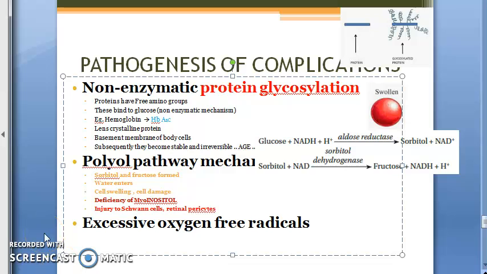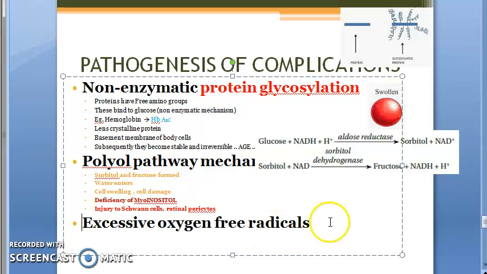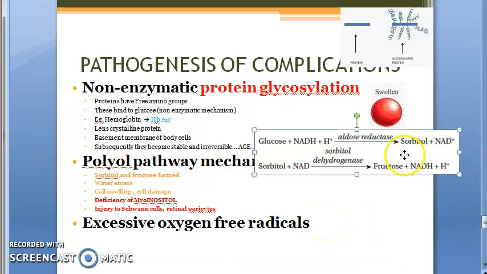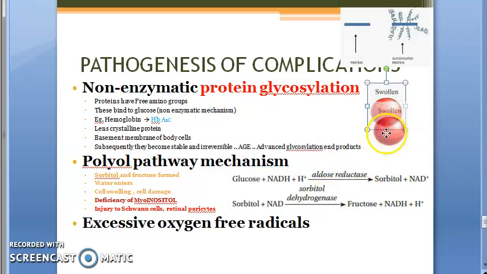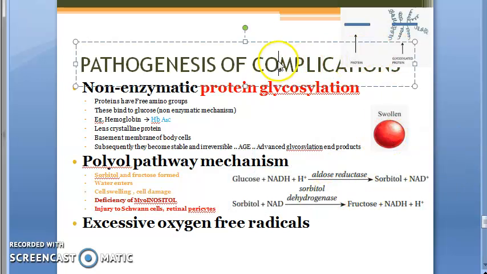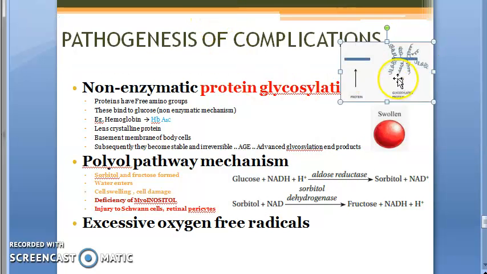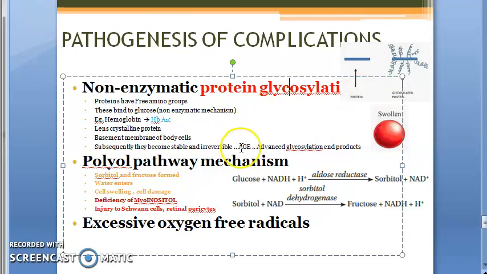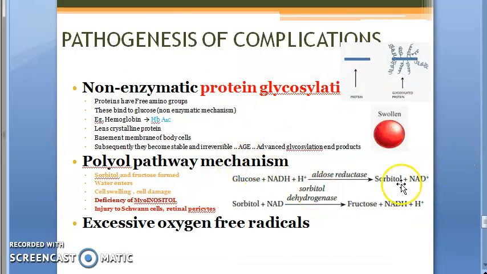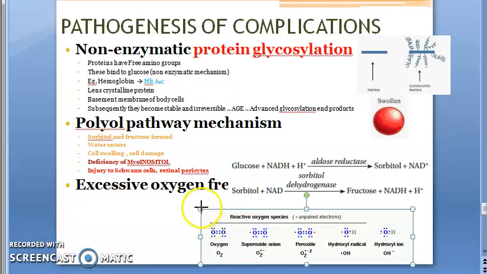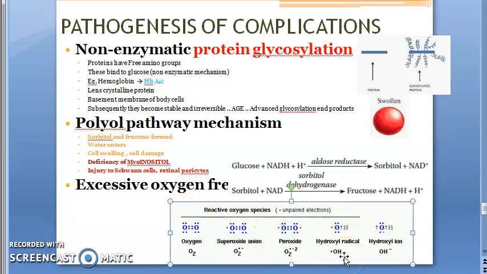These will damage various target cells and tissues. So we are done with the pathogenesis of complications of diabetes mellitus. Protein glycosylation, polyol pathway mechanism, excessive oxygen-free radicals, reactive oxygen species, ROS.